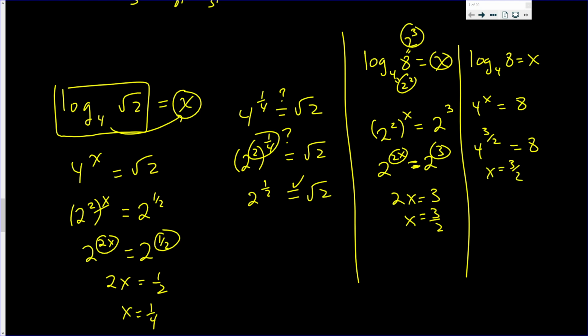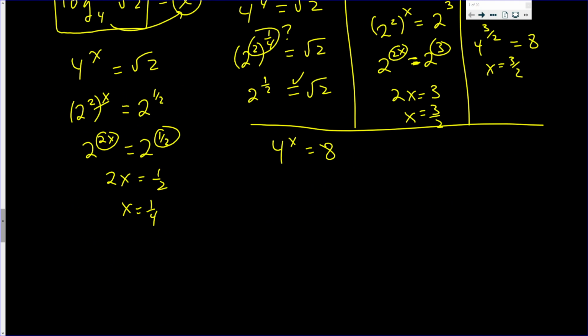That's another way of doing it. Here is one more way. This is probably how you might do this without using logs. 4 is 2 squared.